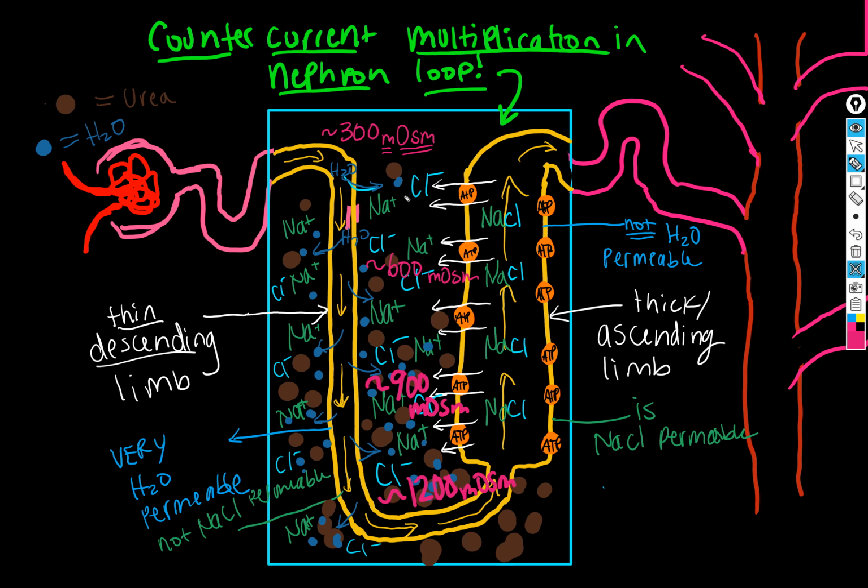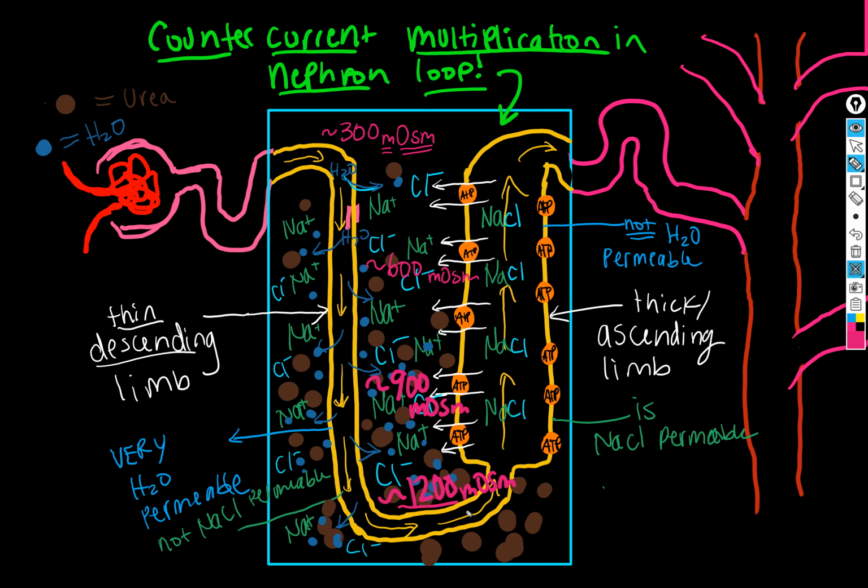Of course, if this was a static fluid, if nothing was moving, we would expect water to leave the tube until it had equilibrated with the interstitial peritubular fluid, and then the net osmosis would stop because equilibrium had been reached. But we don't want to reach equilibrium. We want to keep this thing moving so we get this very concentrated solution at the end.